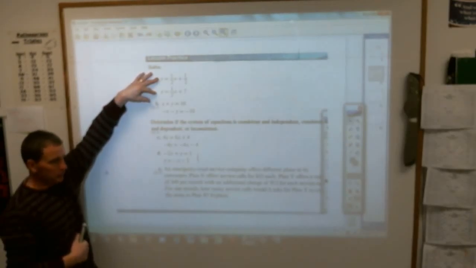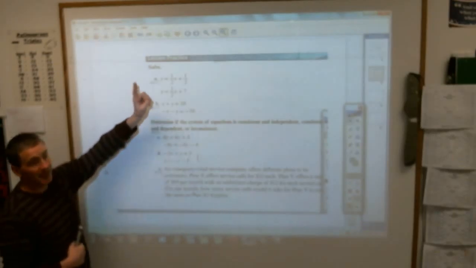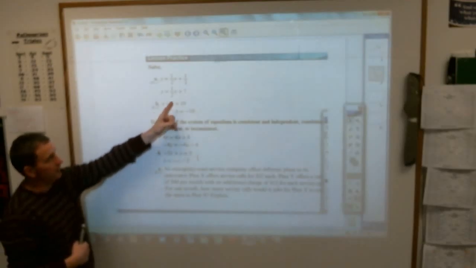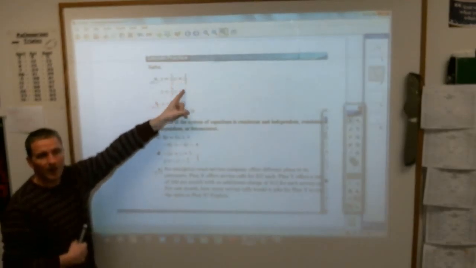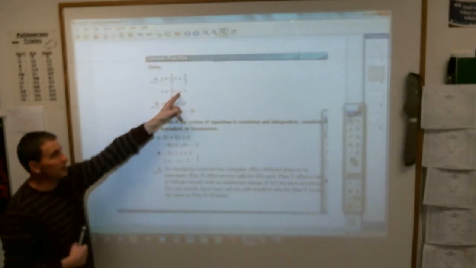They're the same. So if they have the same slope, one of two things has to be true: either they're the same line or they're parallel lines. And since this has different y-intercepts, it's going to be parallel lines.